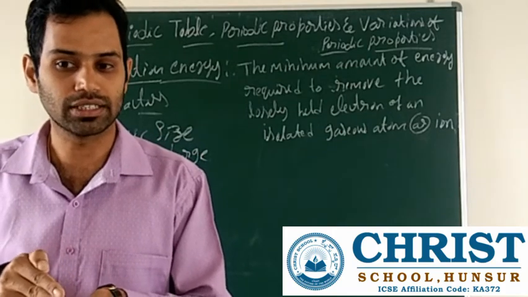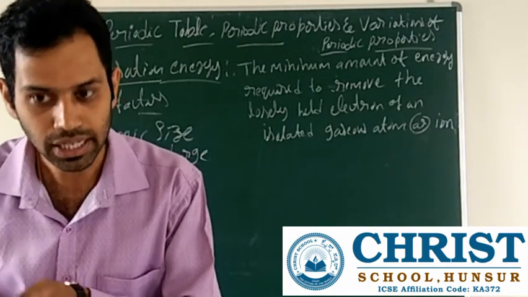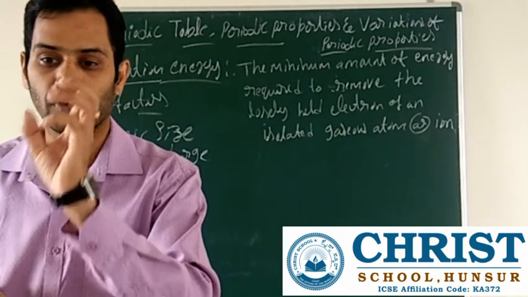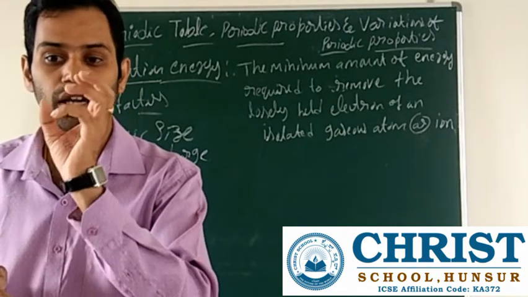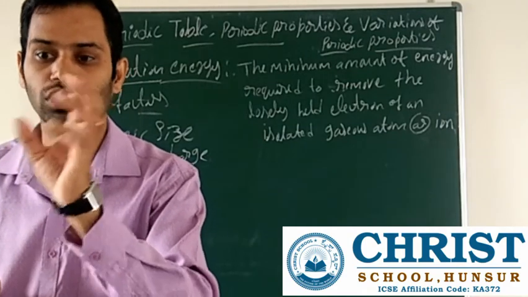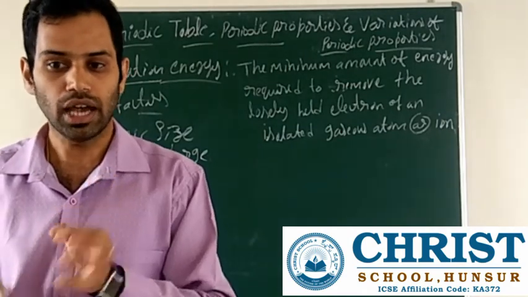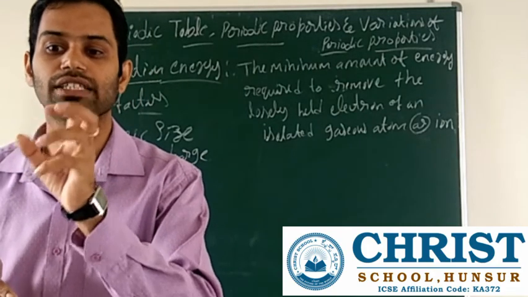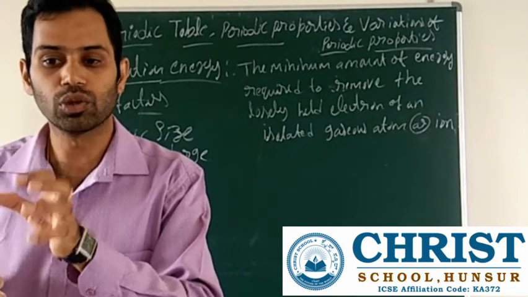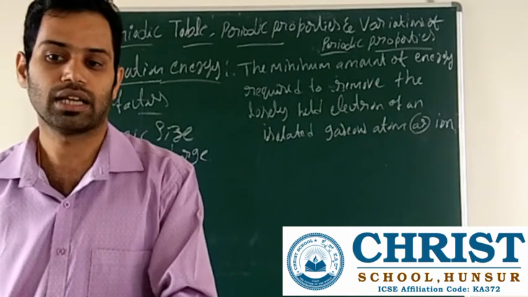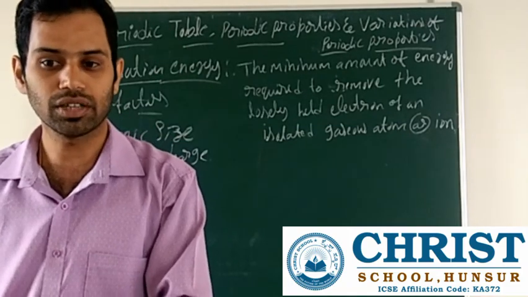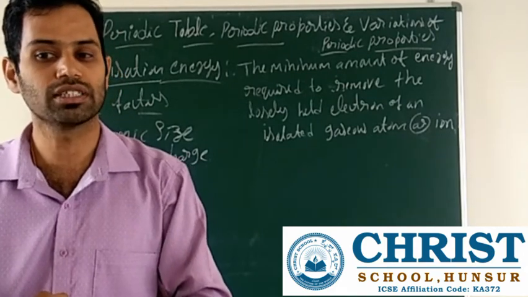So because of that reason, a minimum amount of energy is required to remove the electron from its outermost shell, the loosely held electron. Atomic size increases means nuclear charge decreases. So because of that, a minimum amount of energy is required.